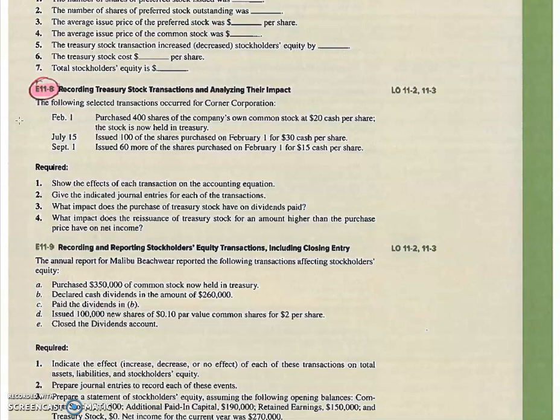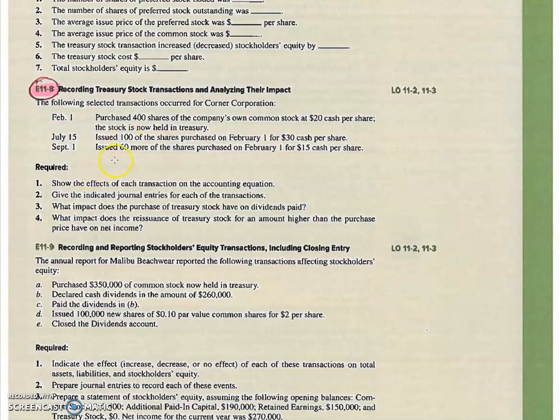So we are going to credit treasury stock for 100 shares at $20, which was the purchase price, and we're going to debit cash, the amount of cash received, $30 a share times 100 shares, $3,000. Credit treasury stock at $20 per share and credit additional paid-in capital for the rest.